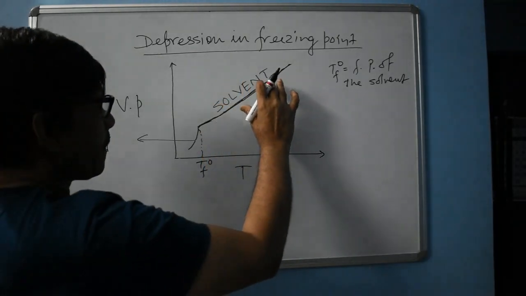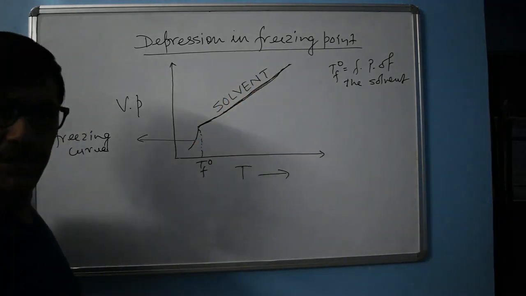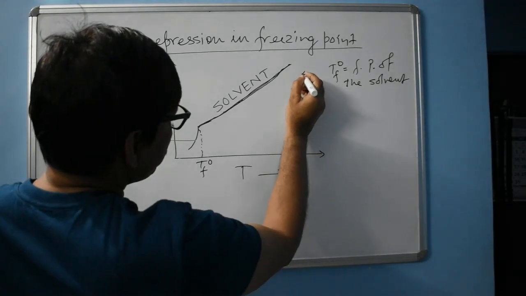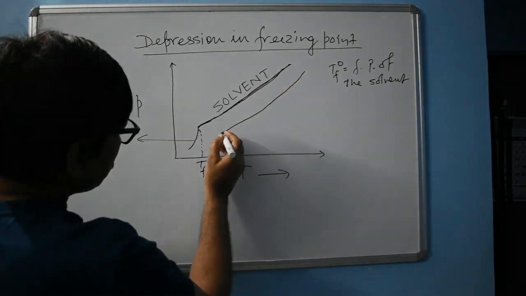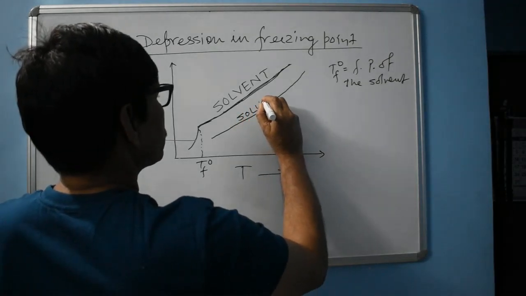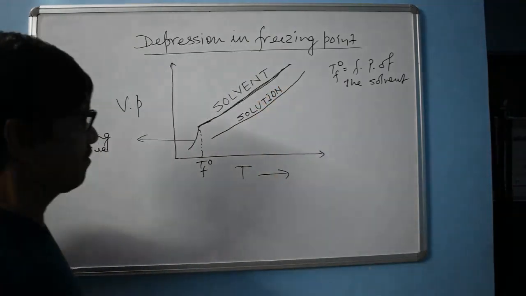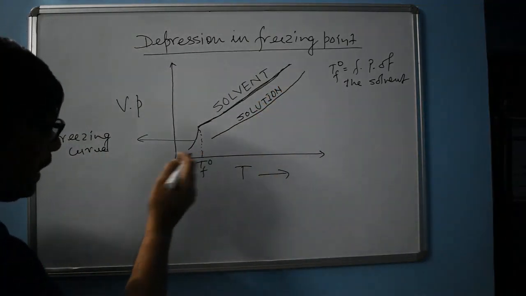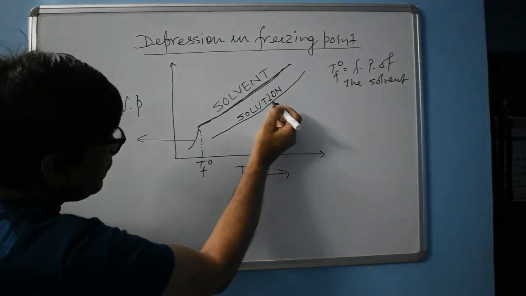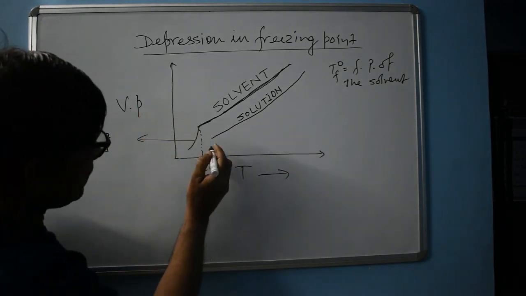Now if we add some amount of solute to it, there is lowering in vapor pressure. Earlier on we have done this. So the vapor pressure curve of the solution will be below it. This is for the solution. And what you find is, here also as we decrease the temperature, vapor pressure of the solvent is also decreasing.